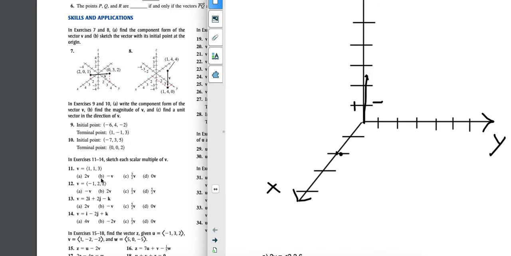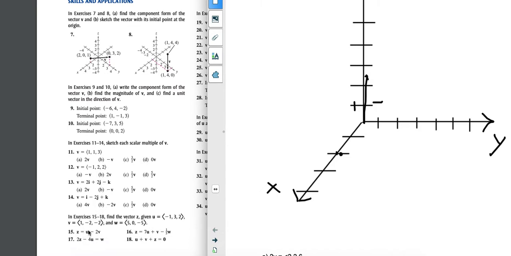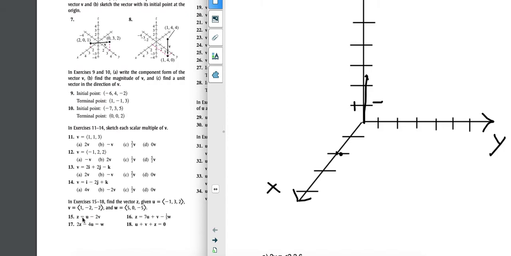We've already kind of covered this. Next, well, I guess we can talk about 15 here. u minus 2 times v. So I'm just going to take the vector u minus 2 times v. So 2 times v would be 2, negative 4, negative 4.